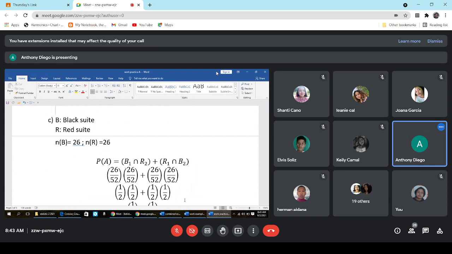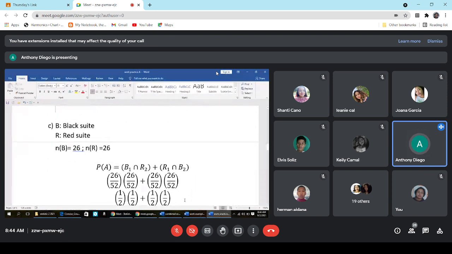However, the remaining amount of cards would be 48, because when you subtract 4 from 52, we get 48, which are not queens. So remember, the first card has to be a queen, or you need to have a queen.